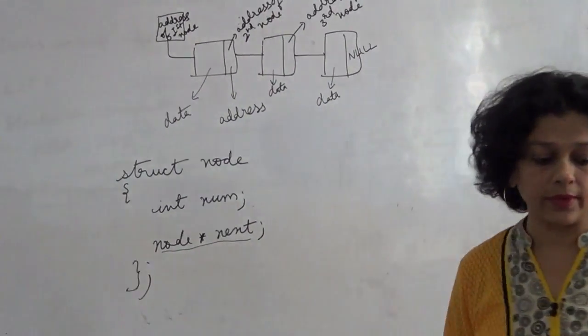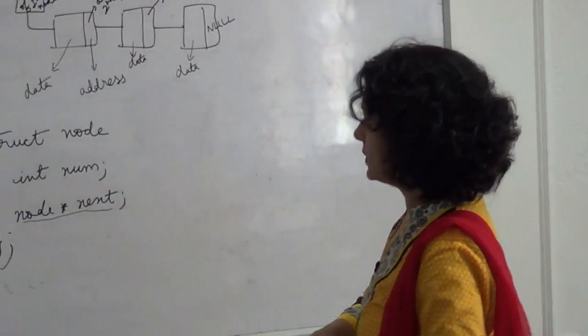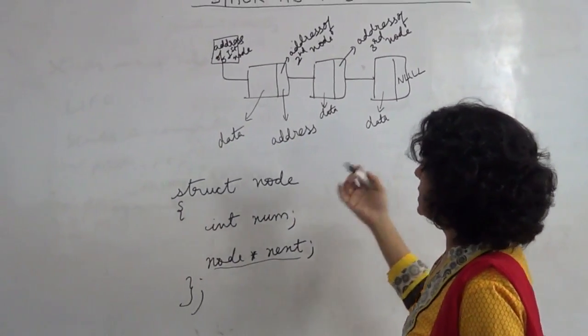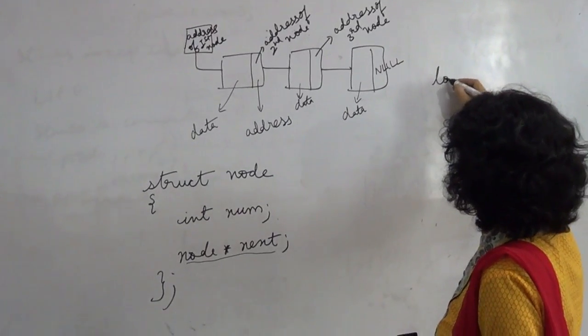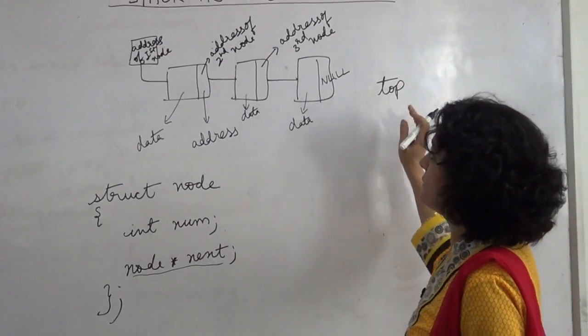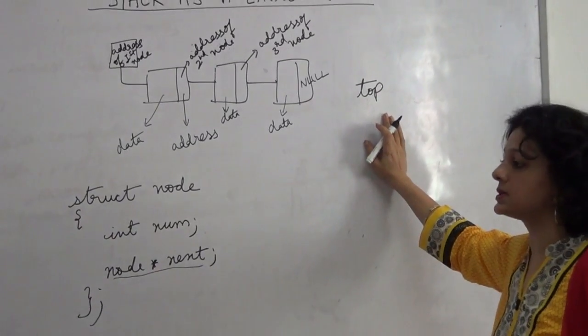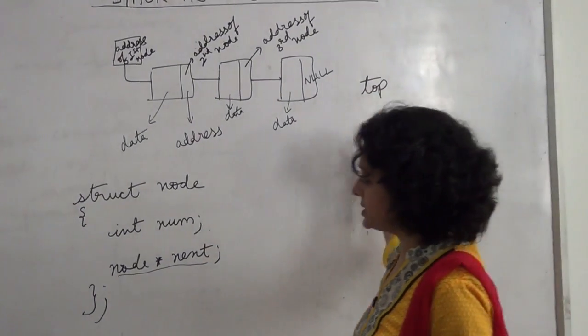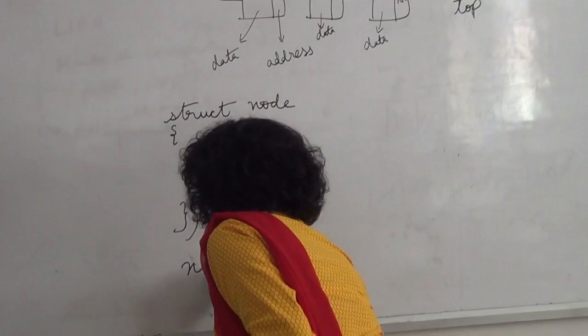Now to further implement the stack, I need to create a variable top. In a stack of type linked list, this top is a pointer variable which is created like this.